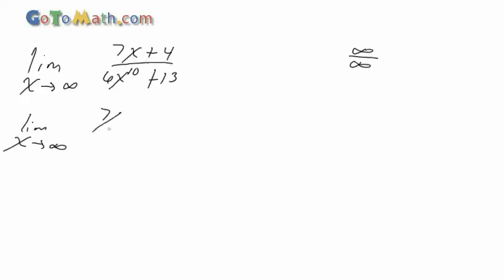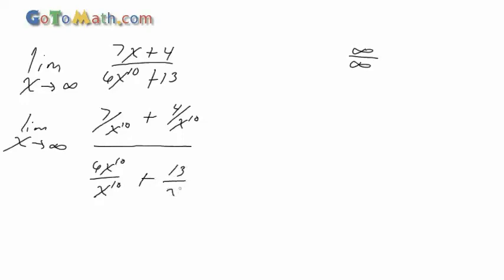So 7x to the 10th power plus 4x to the 10th power, and then we end up having 6x to the 10th power over x to the 10th power plus 13x to the 10th power.